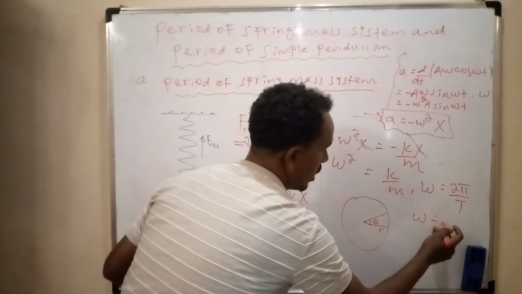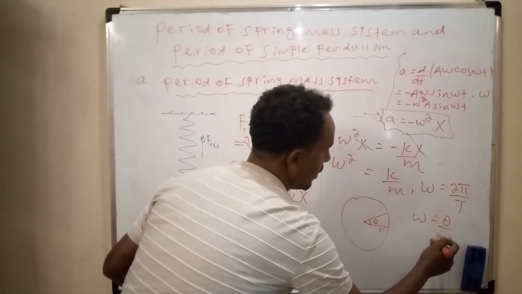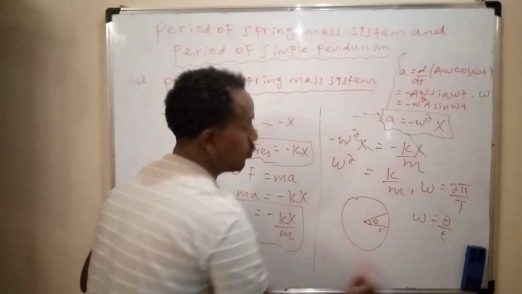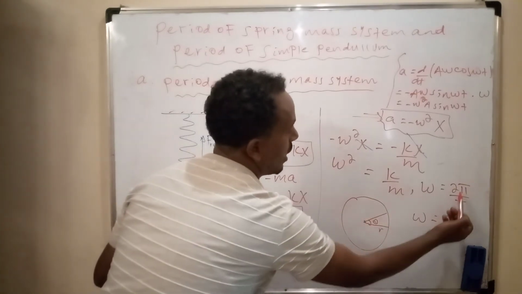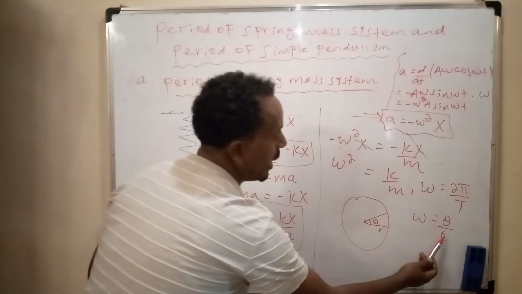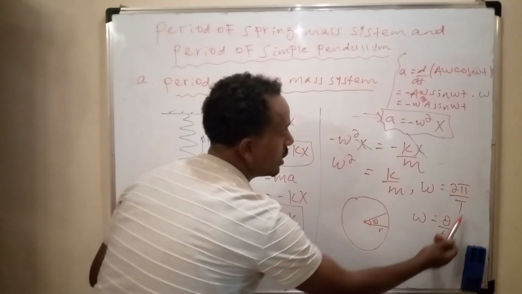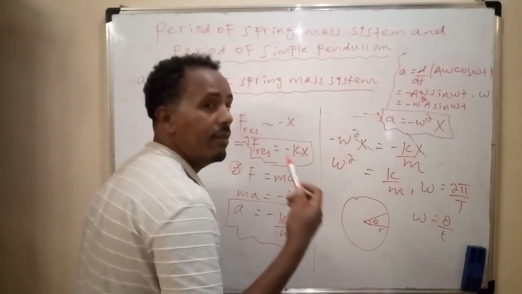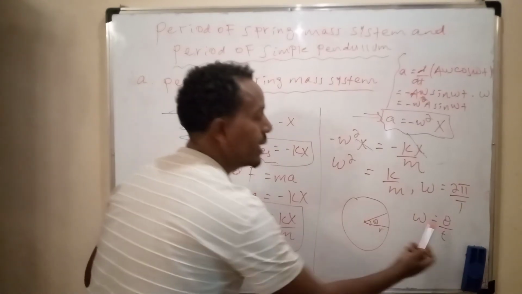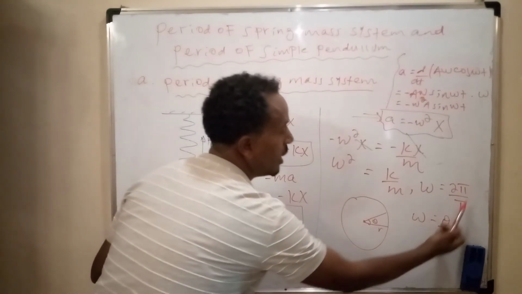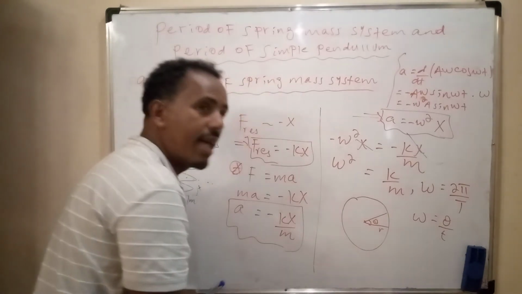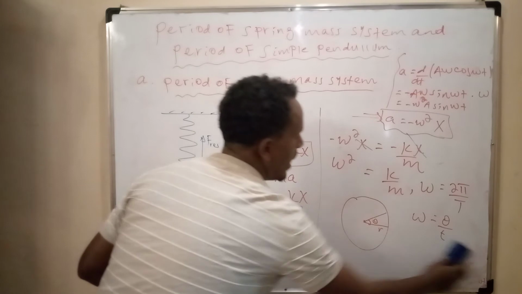Angular velocity is equal to angular displacement, that is theta over time. When it completes one cycle, theta can be changed to 2 pi, and small t is changed to capital T. Capital T is the period, the time used for one cycle, and instead of angular displacement theta, 2 pi is substituted because we are talking about one complete cycle.